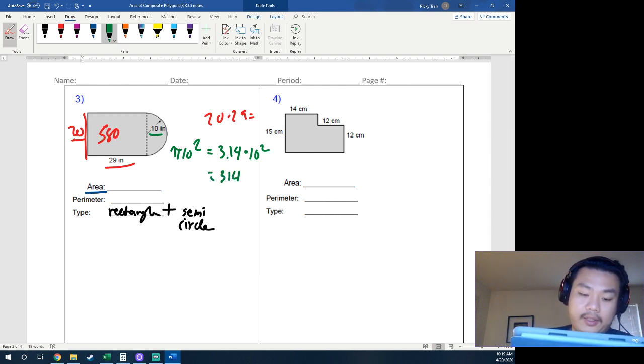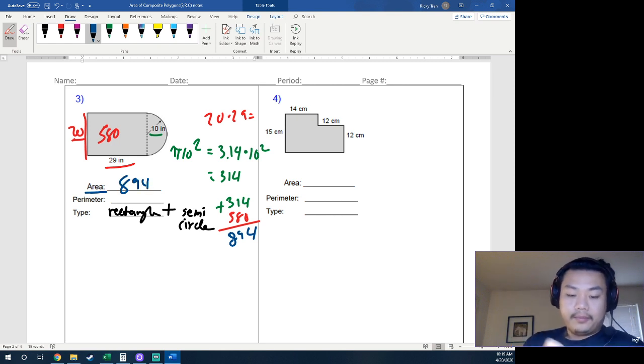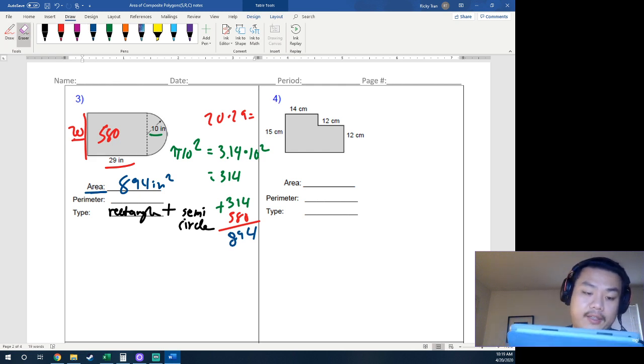Okay, and then you're going to take 314 plus 580, and that gets you 894 inches squared. Oh wait, no, hold on. I forgot to divide by 2. Whoops. This is supposed to be all divided by 2 because it's a semicircle.